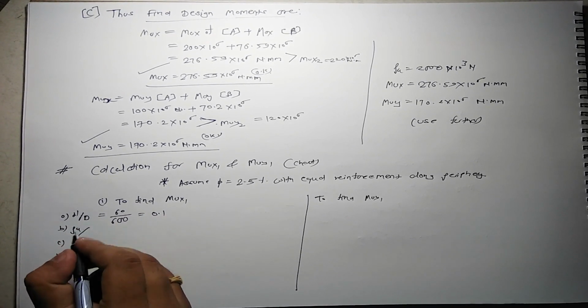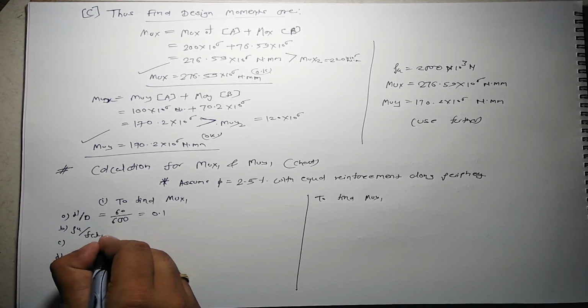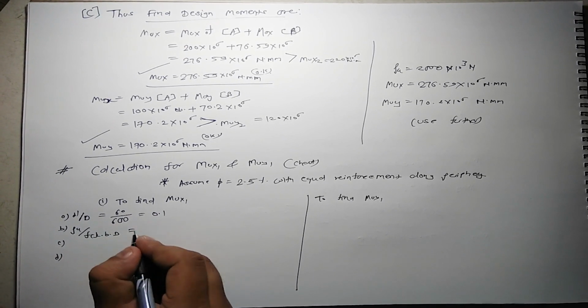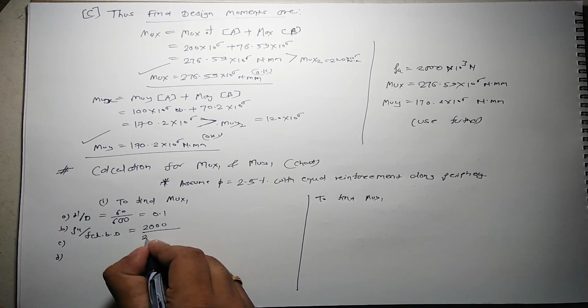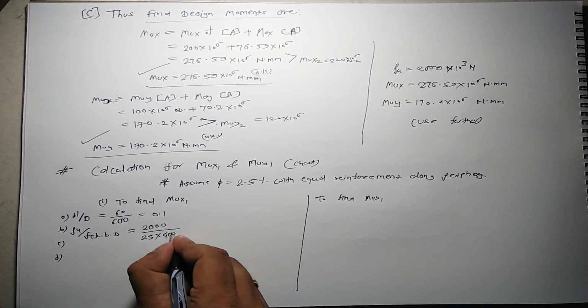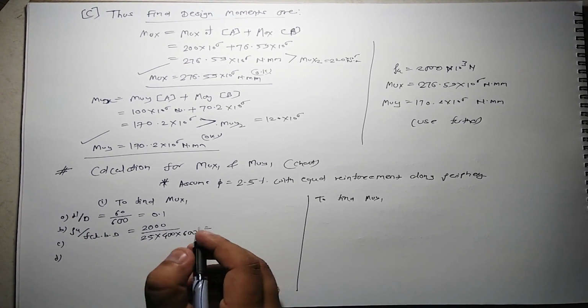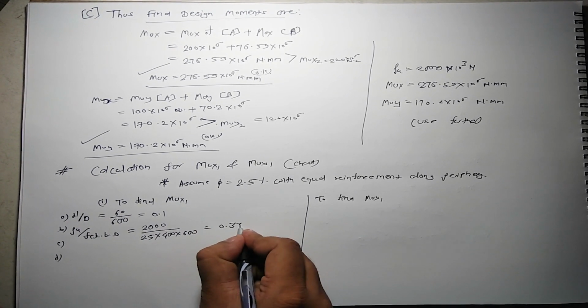Then Pu upon fck bD, so this is 2000 upon fck 25 into 400 into 600, so it is coming to 0.33.